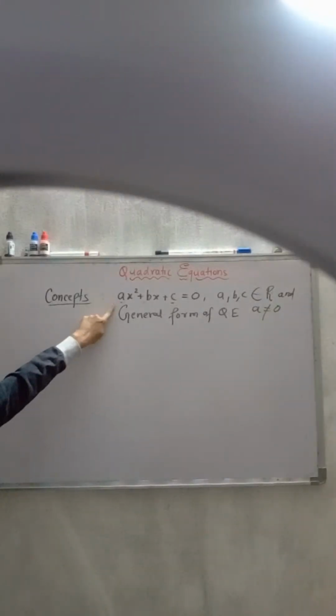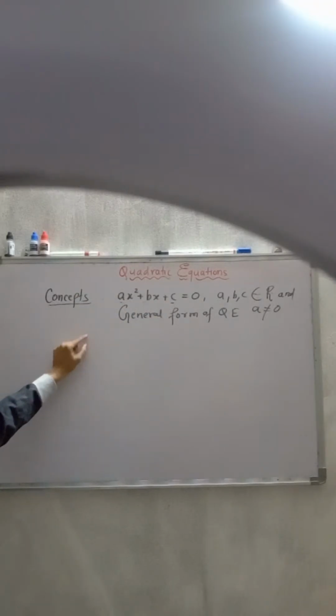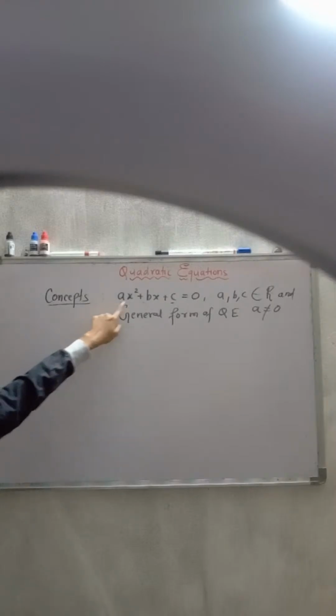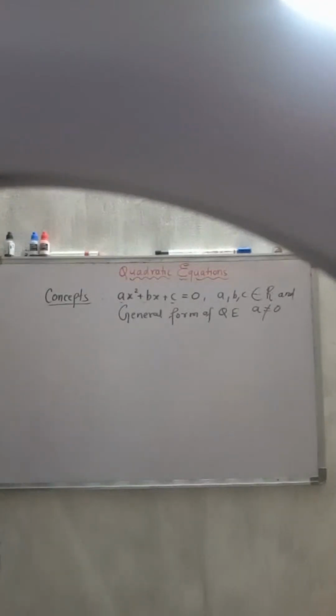A is not equal to 0, and a, b, c belong to real numbers. Then the equation ax square plus bx plus c equal to 0 is known as quadratic equation.